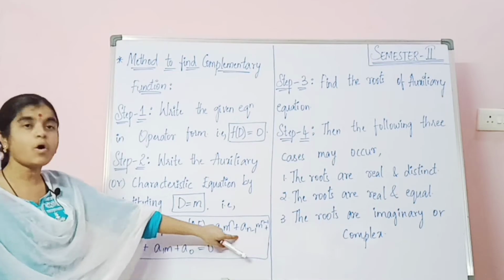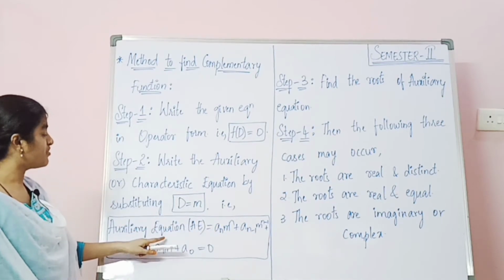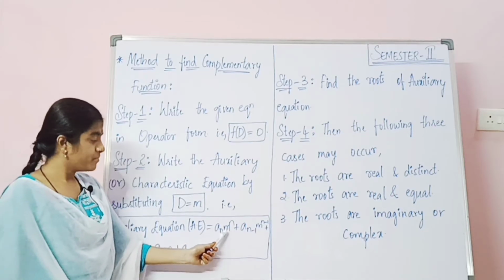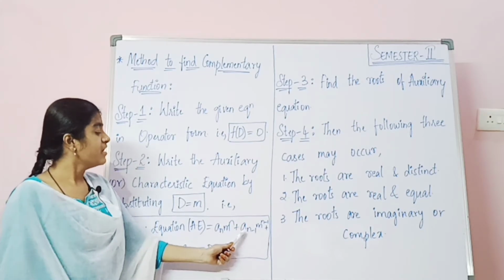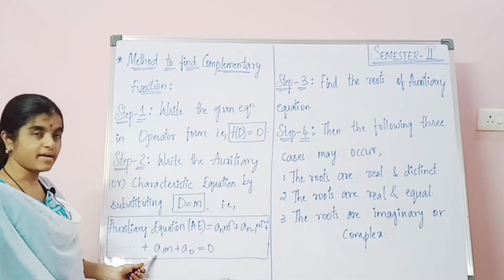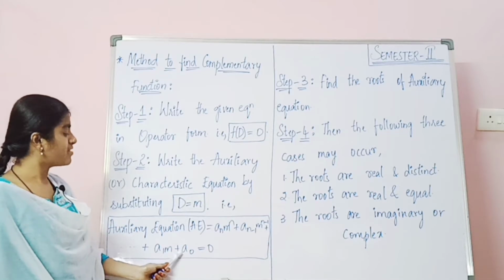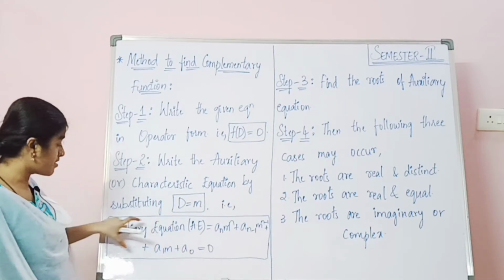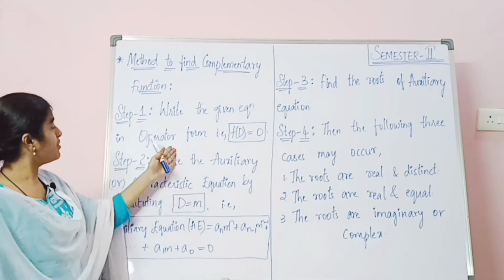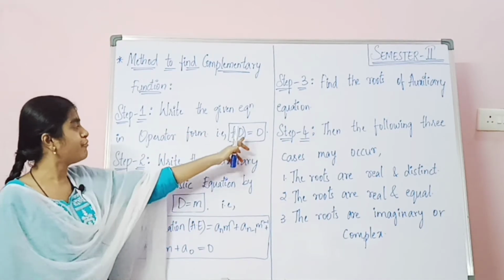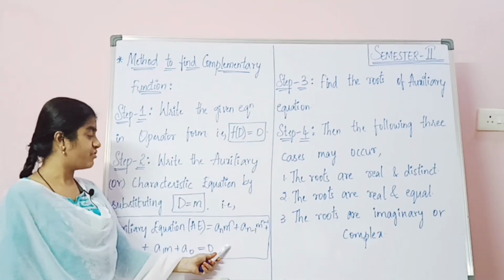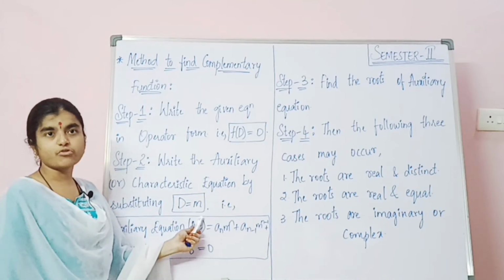This equation is known as the auxiliary equation: AE, an into m power n plus an minus 1 into m power n minus 1 plus so on up to plus a1 into m plus a naught, equals 0.